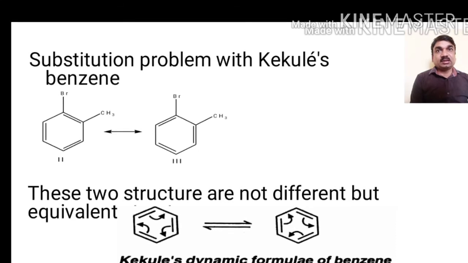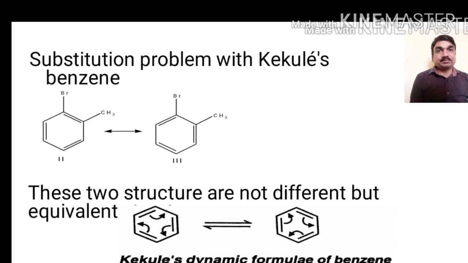He suggested that this oscillation was continual and took place so fast that the two isomers could not be isolated. Thus, to explain this, Kekulé proposed delocalization of double bonds within the ring, as illustrated here.